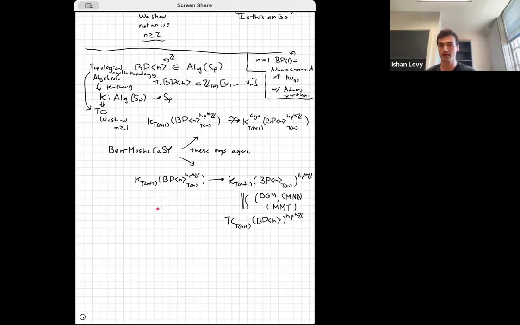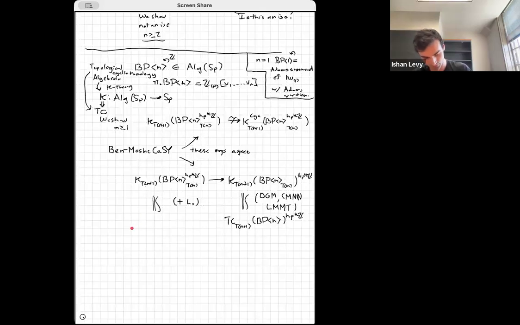And on this side, something similar is true, but these results don't quite suffice. You need, in addition, a result of myself that tells you that these comparison theorems about K-theory and TC also hold for rings like the fixed points of BPn by these Adams operations.